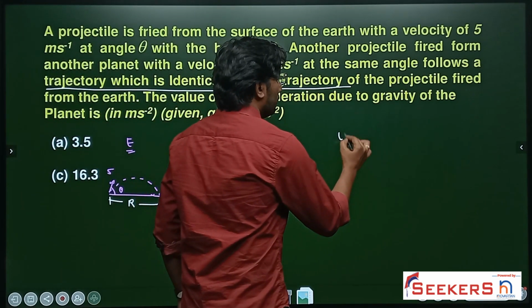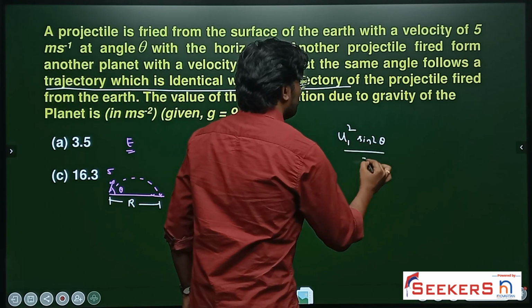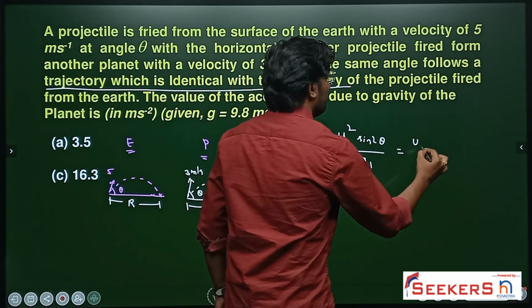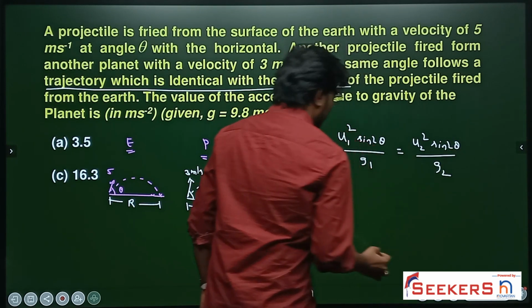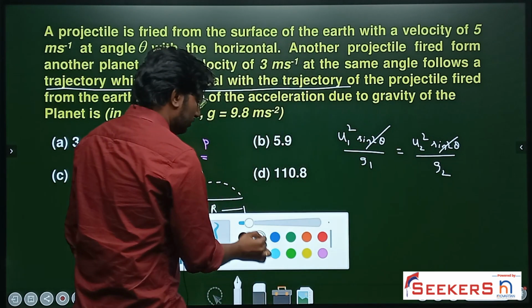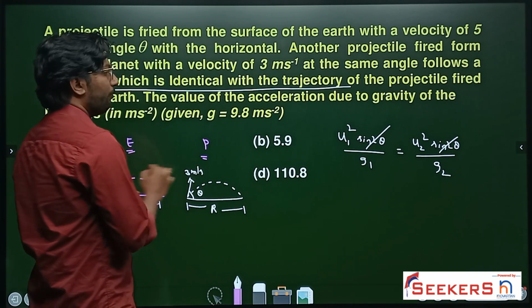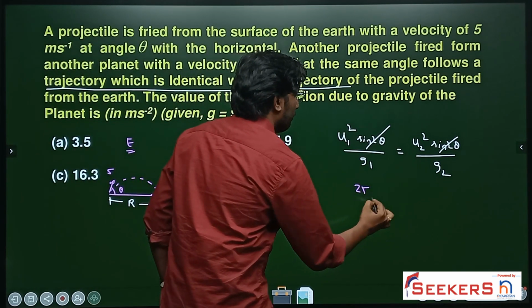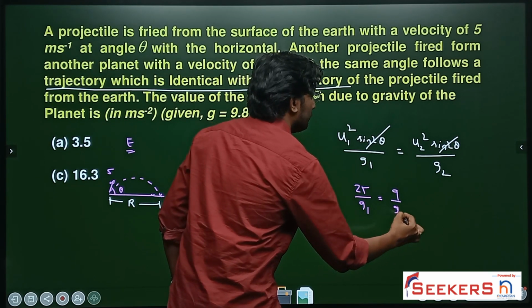So you can just write u1 square sine 2 theta by g1 is equal to u2 square sine 2 theta by g2. So this is for the earth, this is for the planet. Same angles, so sine 2 theta you can cancel. U square values, one is 5, that is 25 by g1, and that should be 9 by g2.